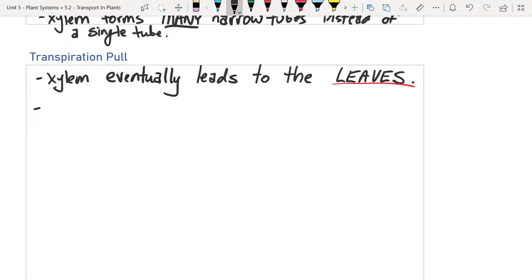So, xylem eventually leads to the leaves. The end point is an opening in the leaf called a stoma.